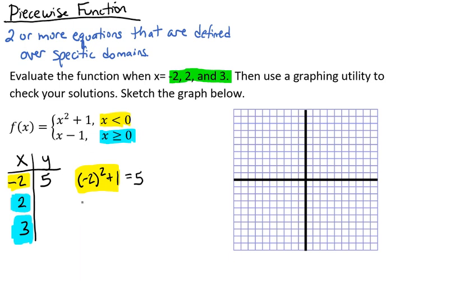All right, so we'll plug that in. X minus 1, and our x is a 2, and 2 minus 1 is 1, so put a 1 there. And we're going to use our second domain again, so that's the second equation, so 3 minus 1, which is 2, and we're going to go ahead and plug that in.